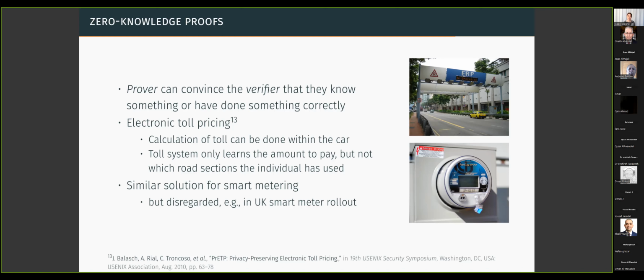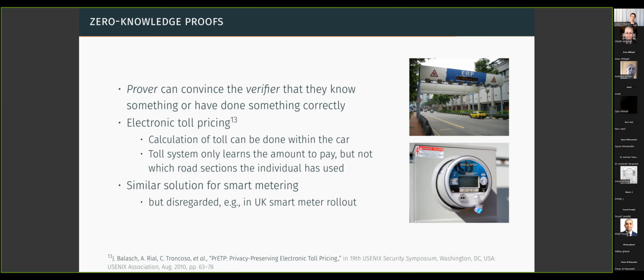And then they tell the toll system how much they need to pay. And the toll system only learns the amount, but doesn't learn which road sections an individual has driven on. So this is cryptographically sound. It exists on paper. I'm not aware that it exists in any real-world toll system.